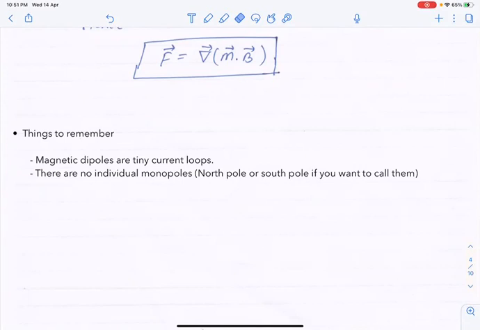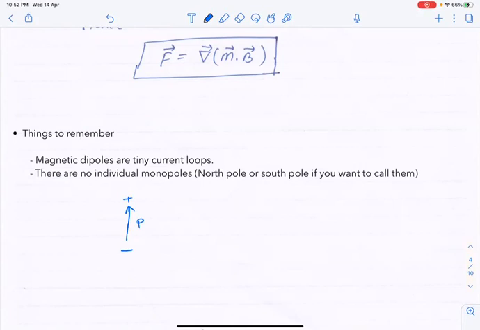In an electric dipole, you have plus charges and minus charges separated by some distance, and you can constitute a dipole. You should also remember that these plus and minus charges are individual poles.